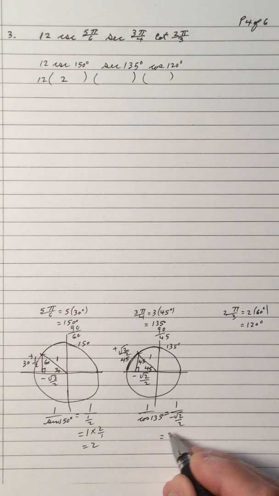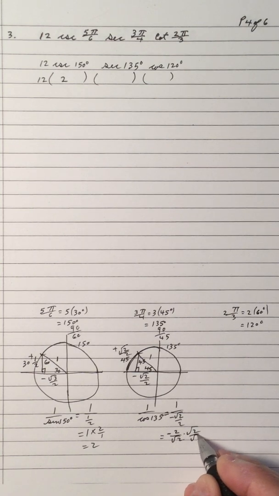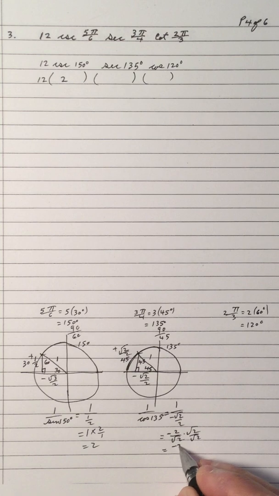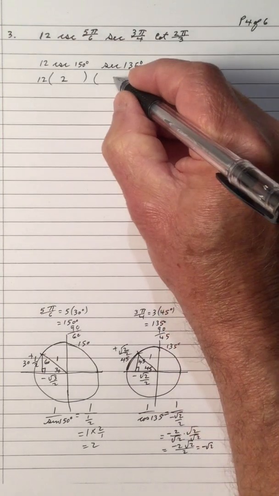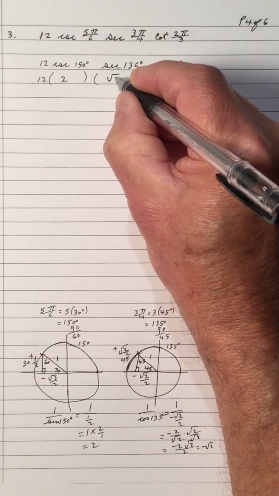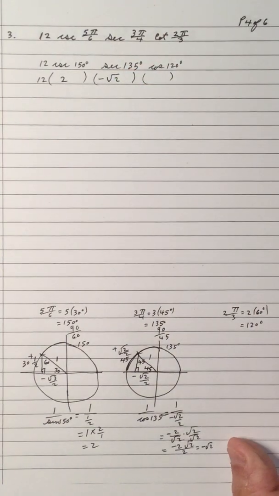The reciprocal is negative 2 over root 2, times root 2 over root 2. So it's negative 2 root 2 over root 2 times root 2, which is 2. So that comes out to be negative root 2. And there it is up there, negative root 2.